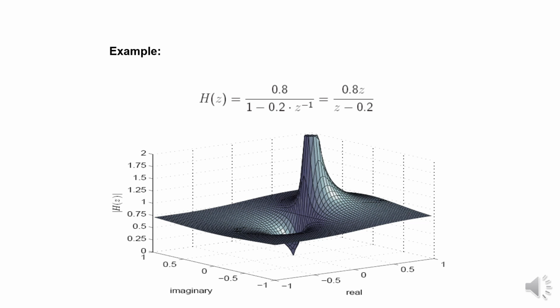You can use MATLAB to draw this. This is what you see if you draw the magnitude of H(z) in reference to the z plane. So we have learned a few things about poles and zeros.